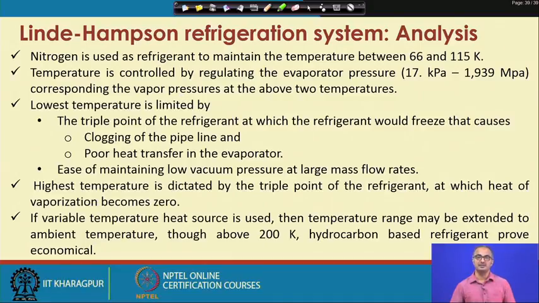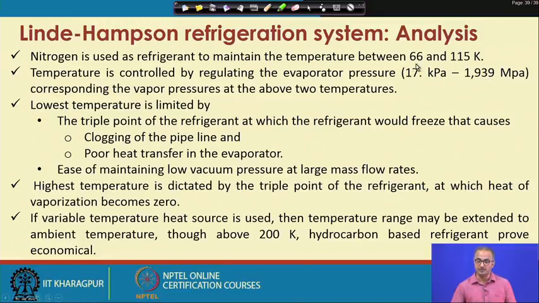So if we can maintain the saturated pressure corresponding to the temperature within this range, then we can obtain the various types of temperatures, and it is found that for 66 K, this is the vapor pressure of nitrogen, and for 115 K, this is the vapor pressure of nitrogen.